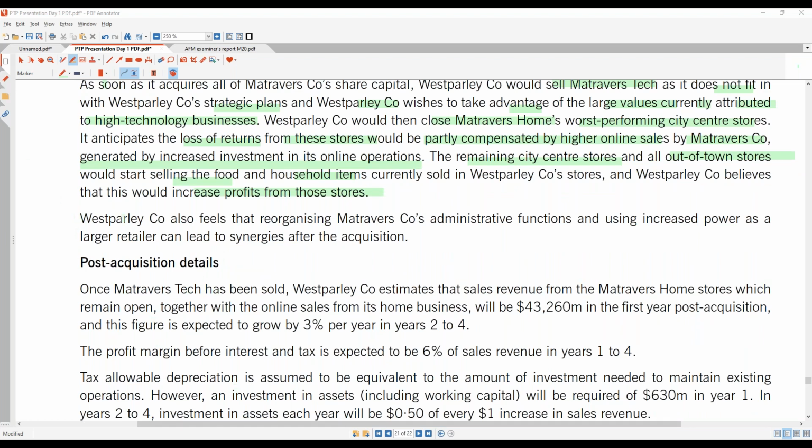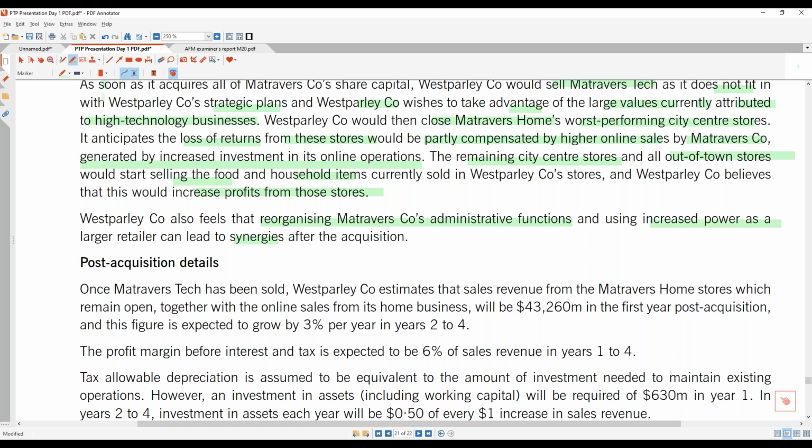Okay, West Parley Company feels that reorganizing Matt Travers' company administrative function and using its increased power as a large retailer can lead to synergies. So they are justifying the synergy in this manner.